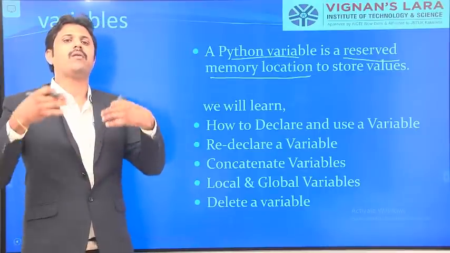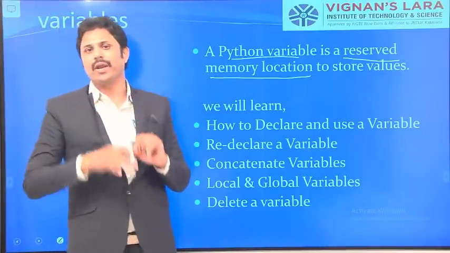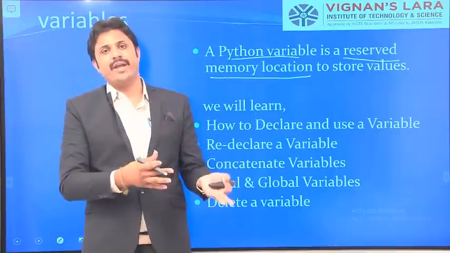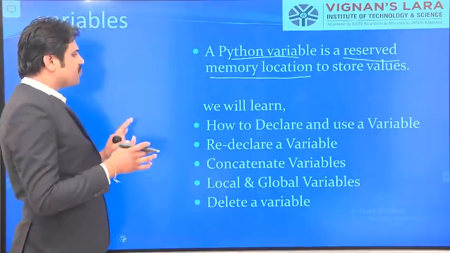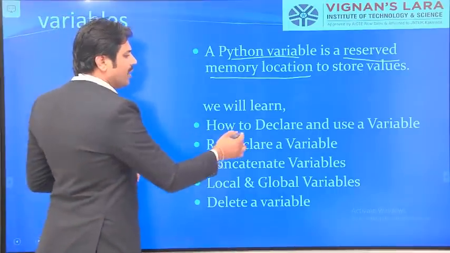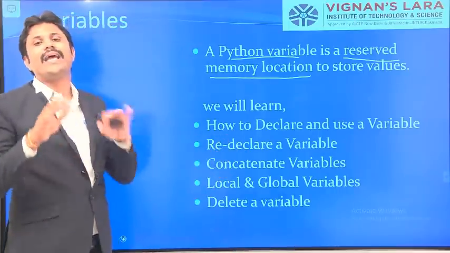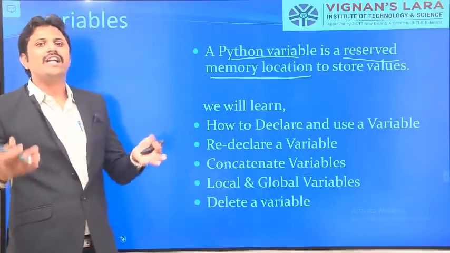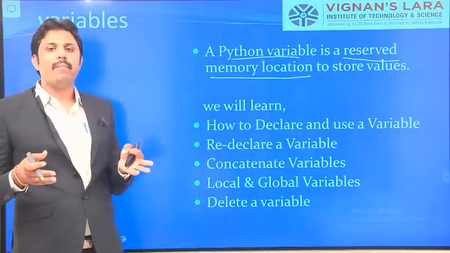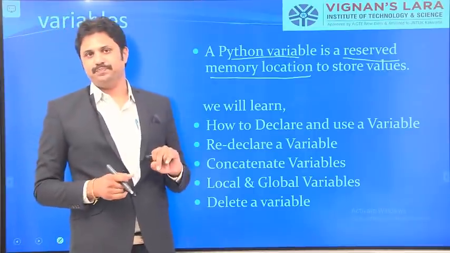Not every time is it A equals 10, A equals 20, not always numeric. A variable may be a string or a character or anything. So in other languages you need to declare the data type, but in Python it is not needed. It will take the data type at the time of interpretation.